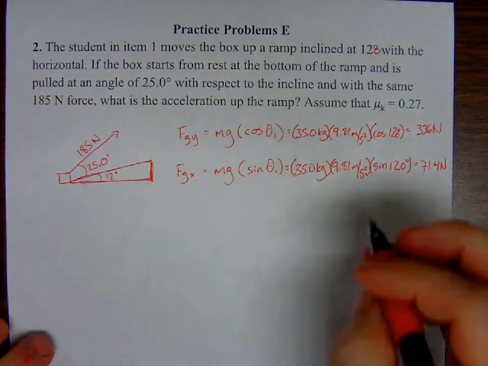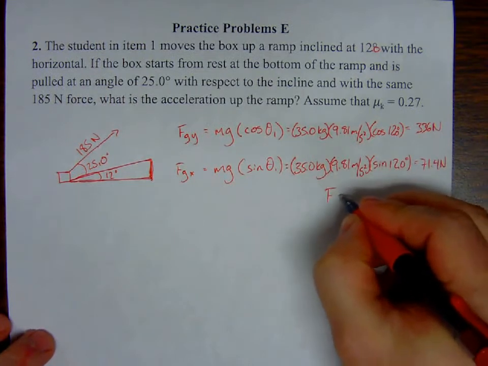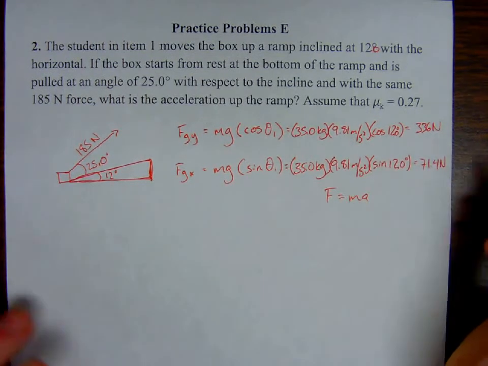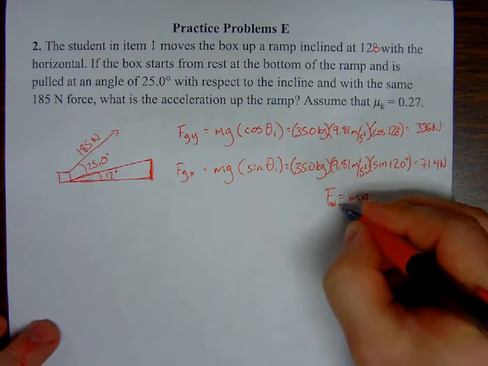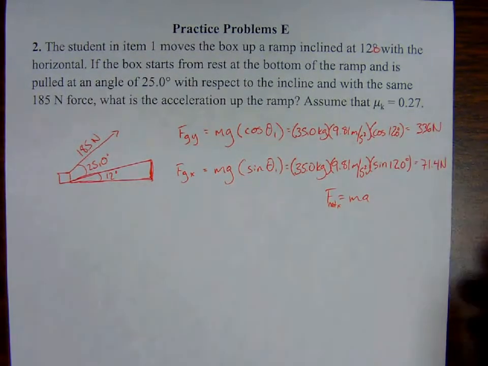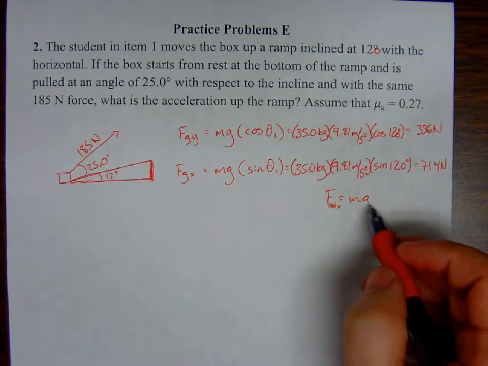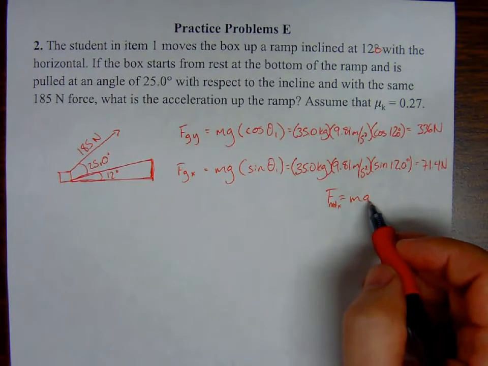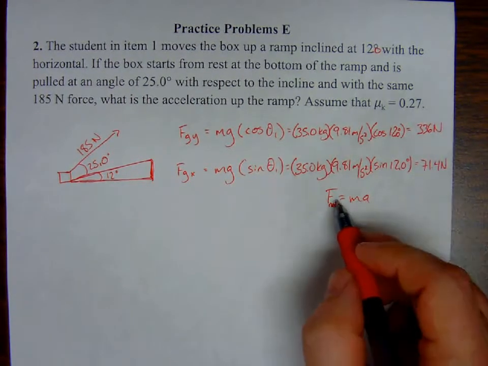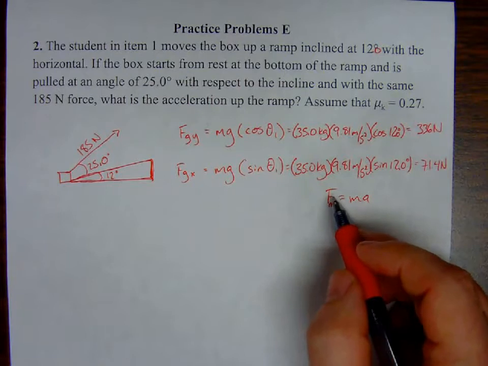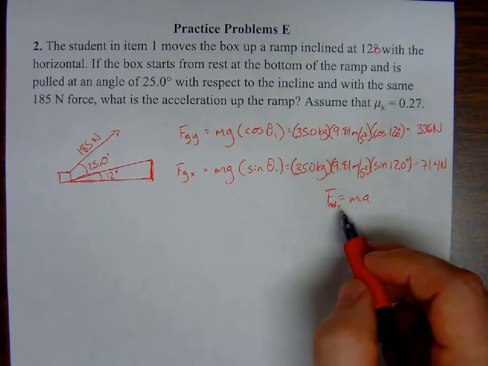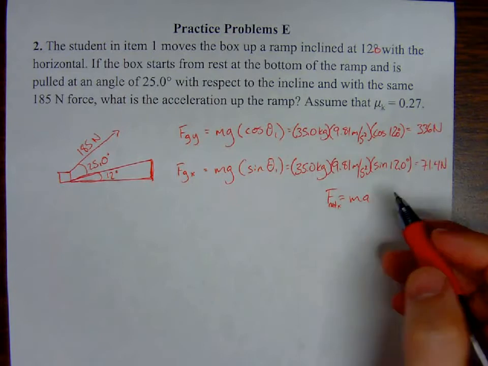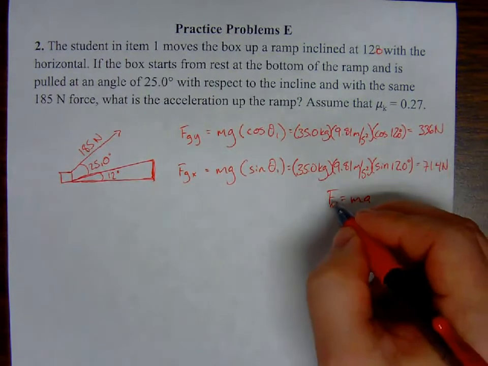To solve for the net force in the x direction, we're going to need the force of kinetic friction. What is actually keeping the box from sliding forward in the positive direction easily? What's fighting back against the actual force being applied in the x direction?